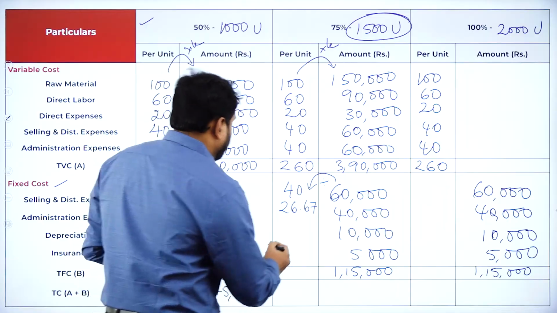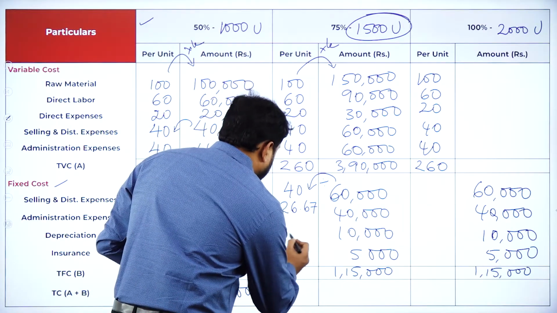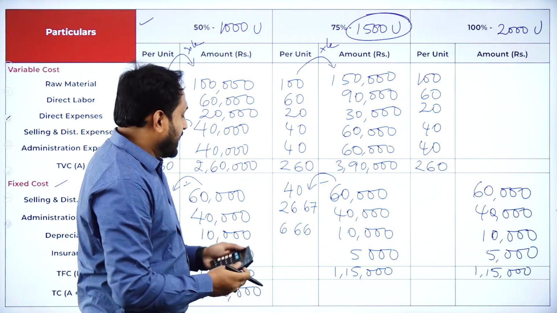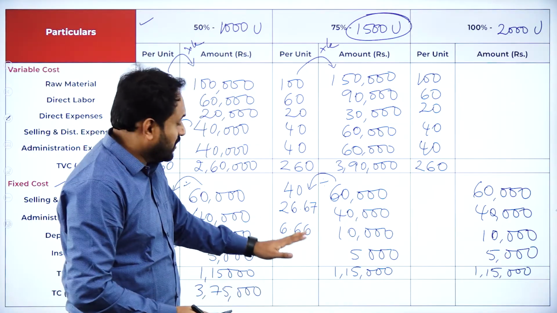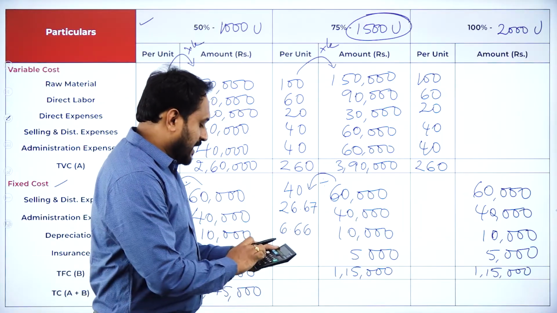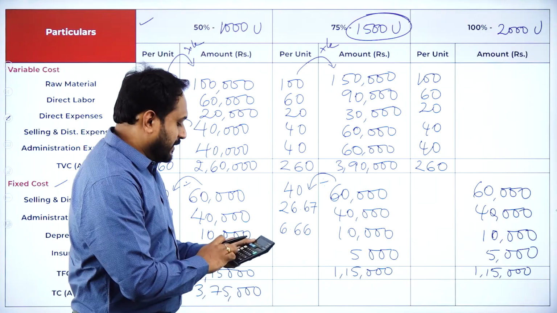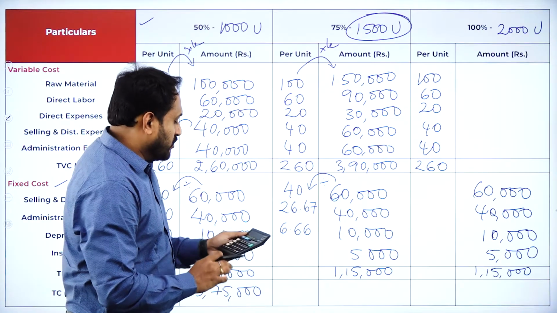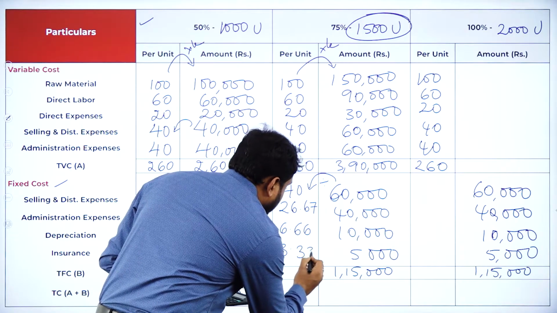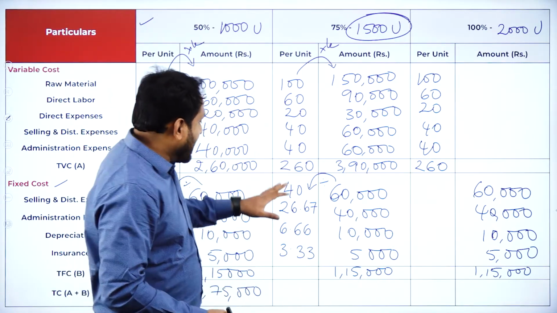So 6 rupees 66 paisa. You can actually write 6 rupees 67 paisa, or you can write 6 rupees 66 paisa. No issues with it. The last one is 5,000 divided by 1,500. Now you got 3 rupees 33 paisa.